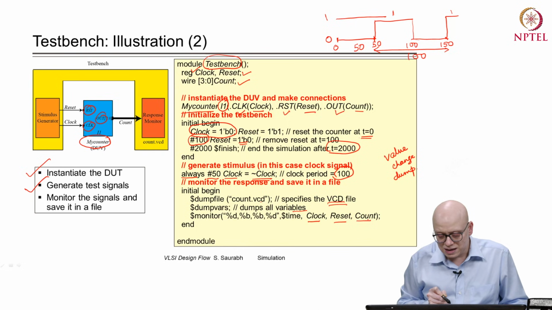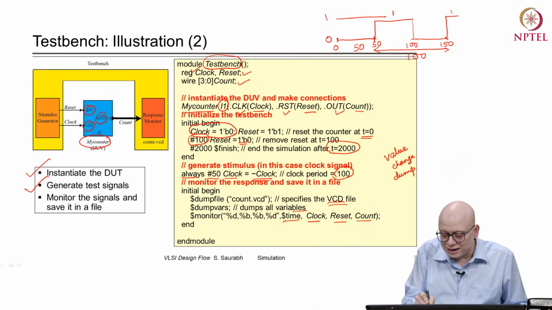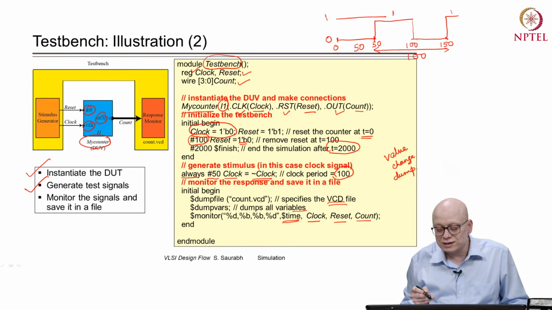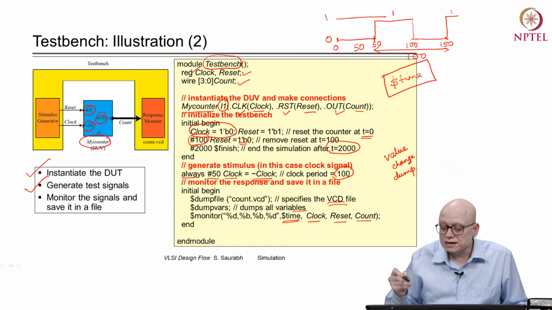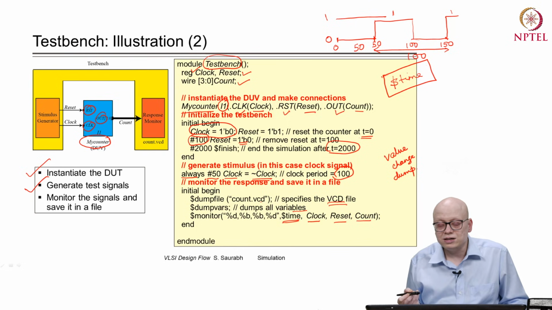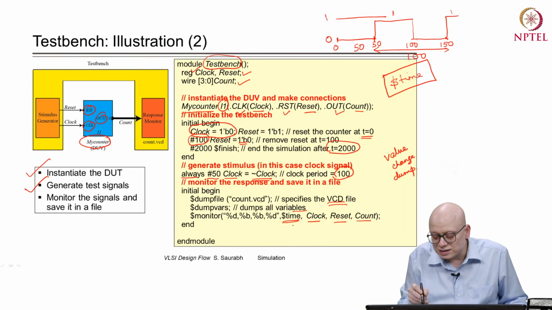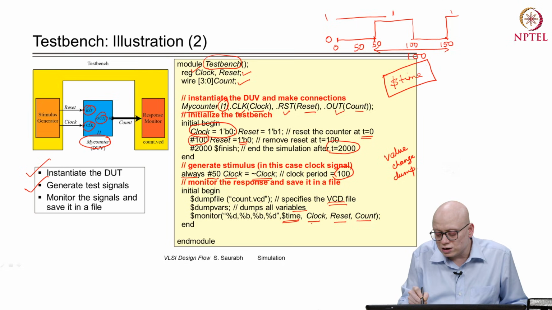We monitor them, and we also keep track of the time, since $time is supported. $time is basically a system call which keeps track of the simulation time, right. So, the VCD file will contain information about, at a given simulation time, what were the values of clock, reset and count.